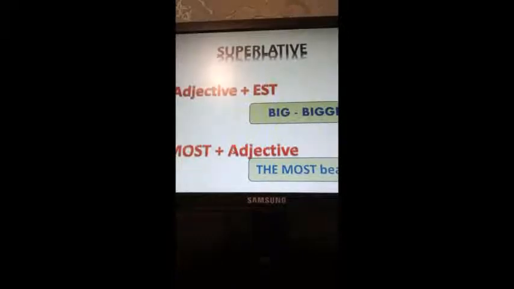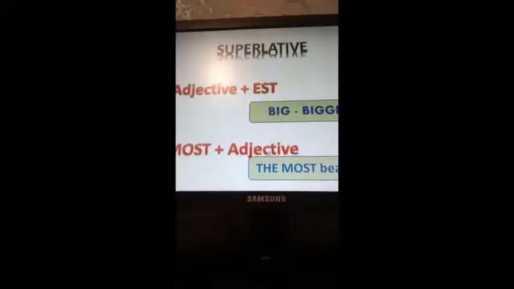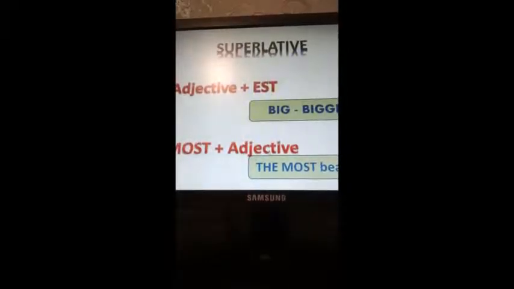For adjectives with two or more syllables, we put the word most before the adjective. For example, the most beautiful. So, dear students, do you understand how we form the degrees of adjectives?